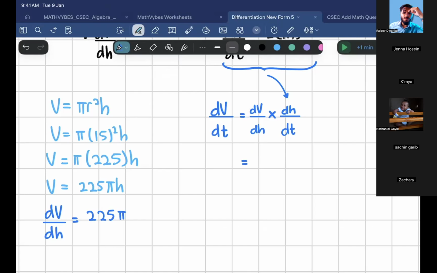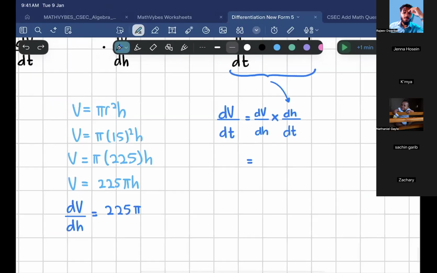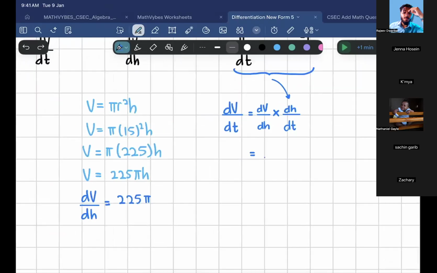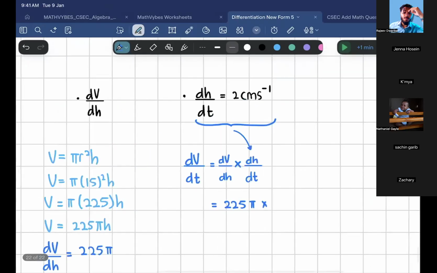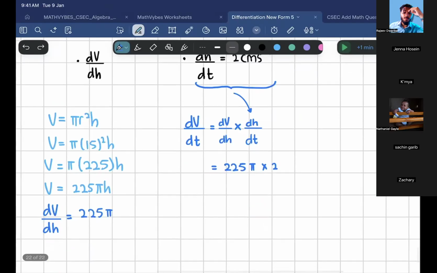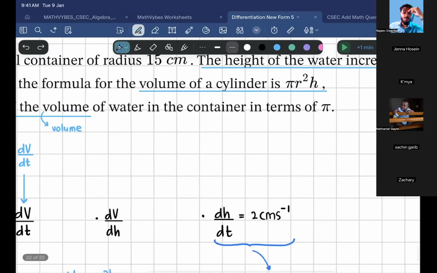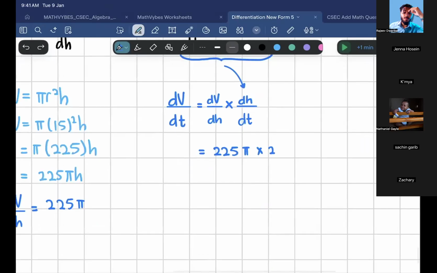Right, but what did we find it to be? 225 pi. And what did we find the dH/dt to be? 2 centimeters per second. Right, so you just write 2. We're going to leave out the units for now. They said to leave our answer in terms of pi. So what is 225 pi by 2?